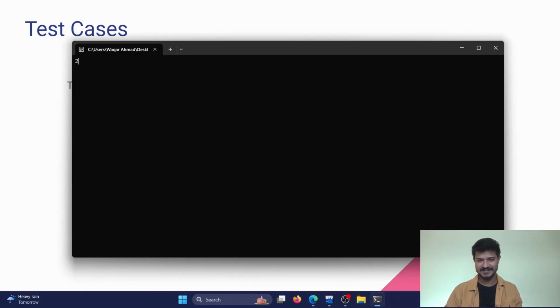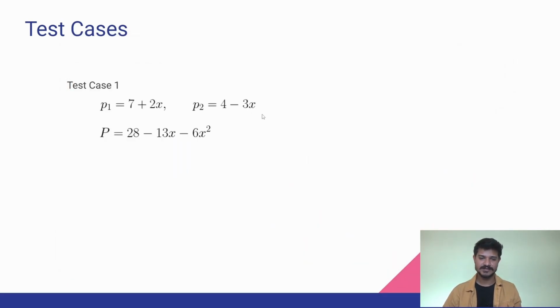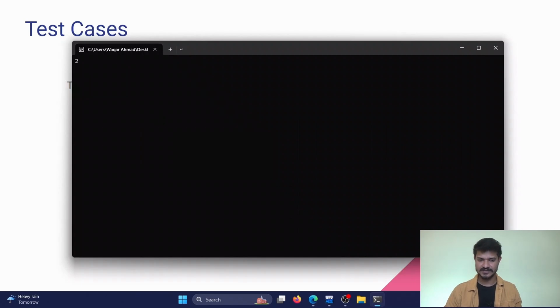First of all, there will be two test cases. And in the first test case, the degree of each polynomial is 1. So I'll write 1. If the degree is 1, for each polynomial we will provide 2 values, their coefficients.